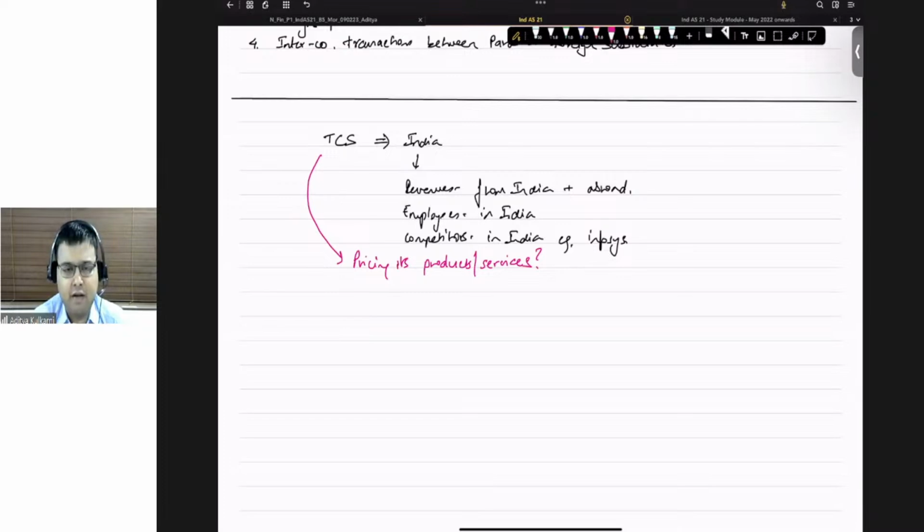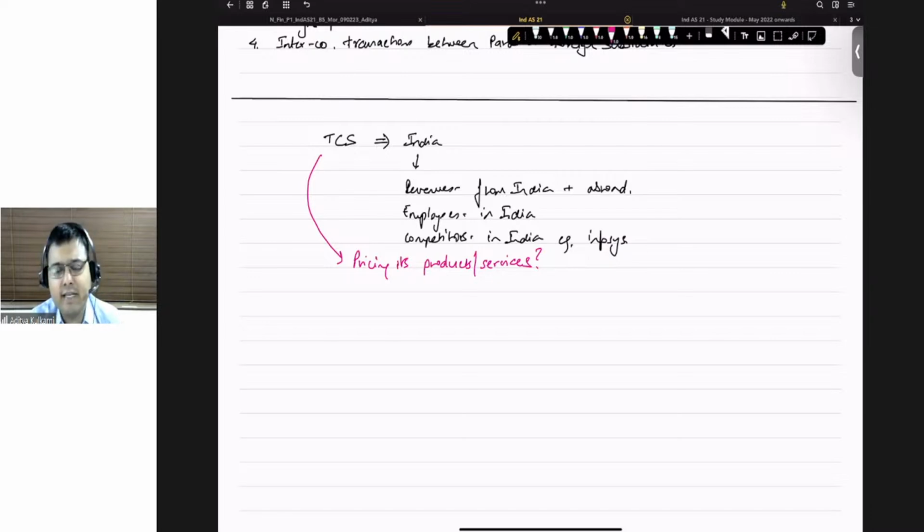For example, suppose there is a policy change, just making it up, that gives IT companies within India a tax exemption of, say, 40% of their profits. So the tax exemption has come to a company like TCS. Now, there is no such exemption in the United States.